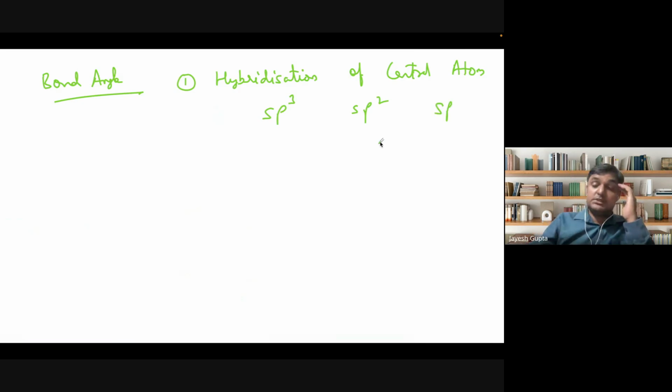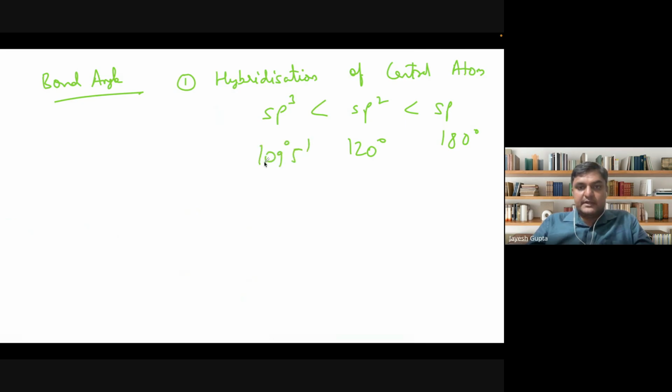I have already told you the geometry: for sp it is linear, for sp2 it is trigonal planar, for sp3 it is tetrahedral. So the bond angle will go in the order sp, sp2, sp3: sp has 180 degrees, sp2 120 degrees, and sp3 109 degrees. In this way you can decide the bond angle.